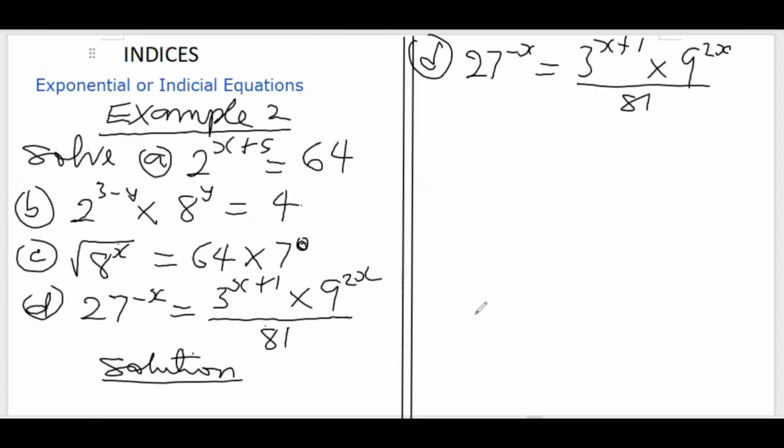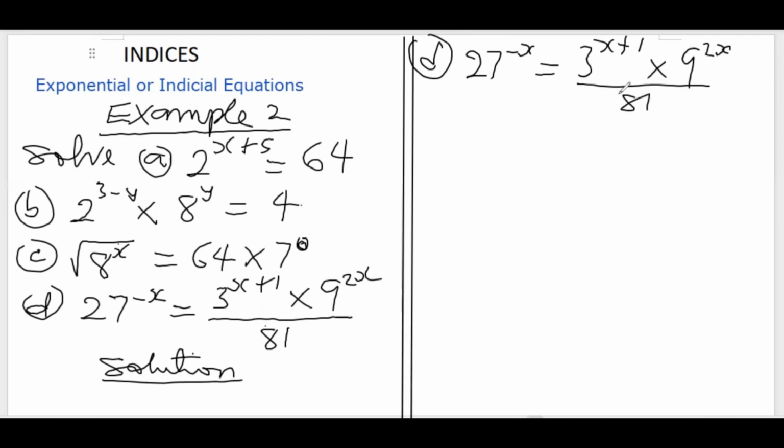Of course, there are two ways. You can choose to simplify each of them, express each of them in power form on their own side. And at the end of the day, you use the laws of indices for multiplication and division to simplify their base to a single base.